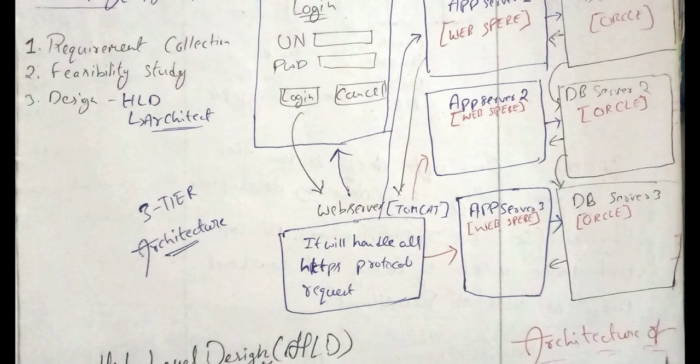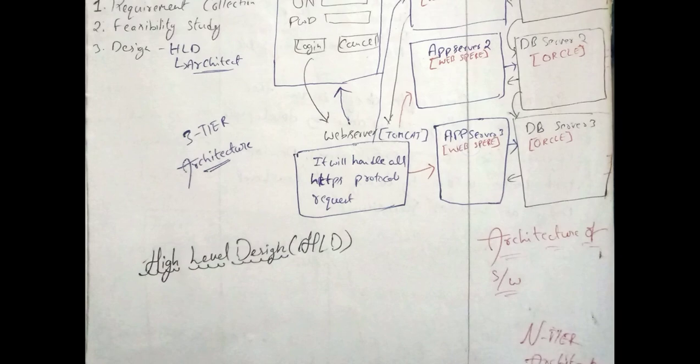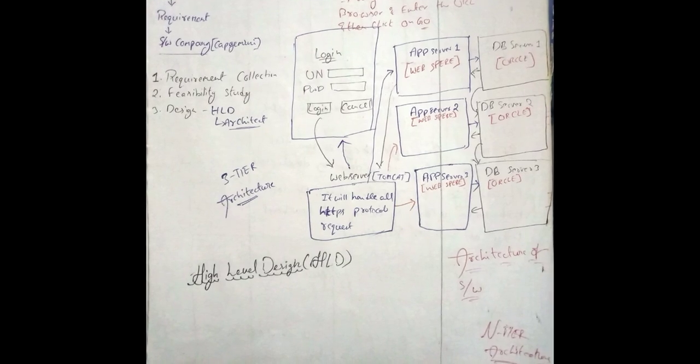This is three-tier architecture because we have server 1, server 2, server 3. Like that we have the entire architecture. Okay. This is the high level design. Did you get the point?